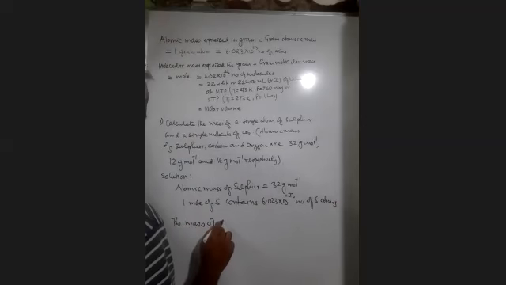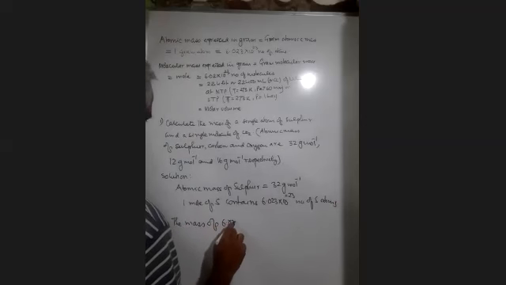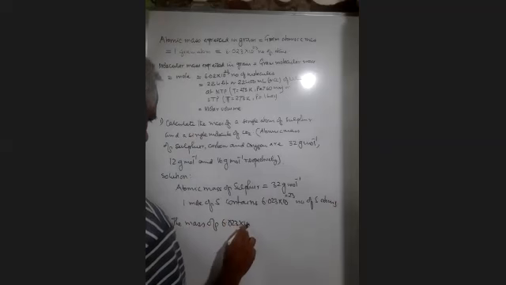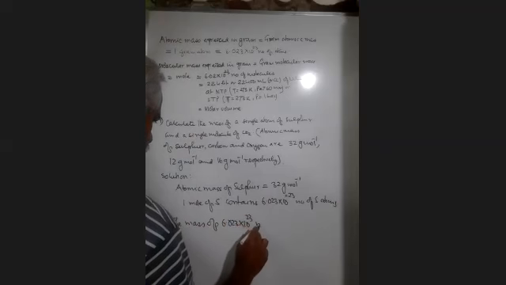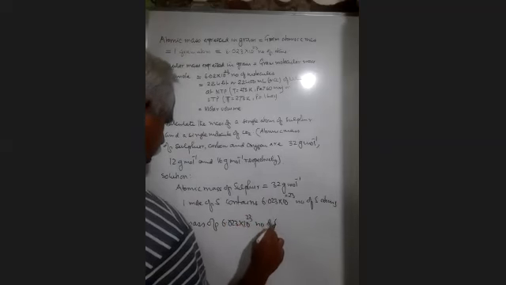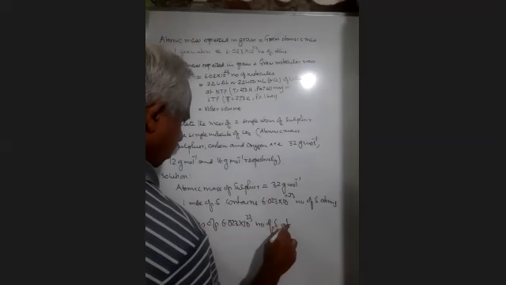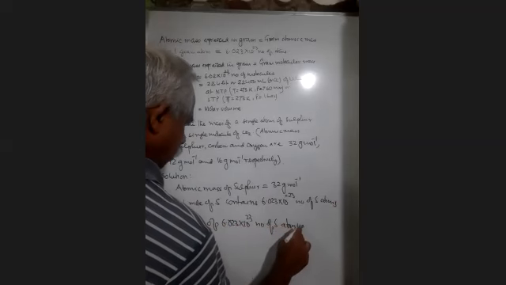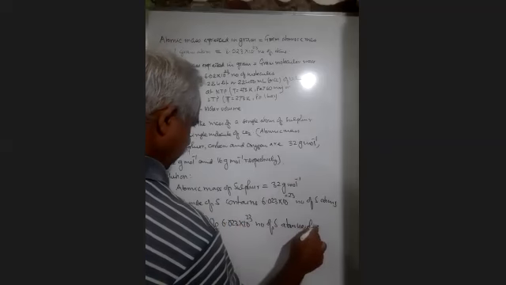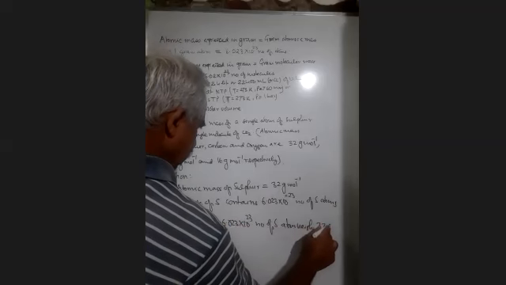So what will I write now here? I'll write the mass of 6.023 into 10 to the power 23 number of sulfur atoms. Weight, how much, dear? 32 gram.